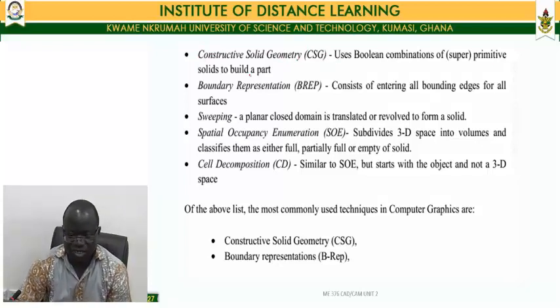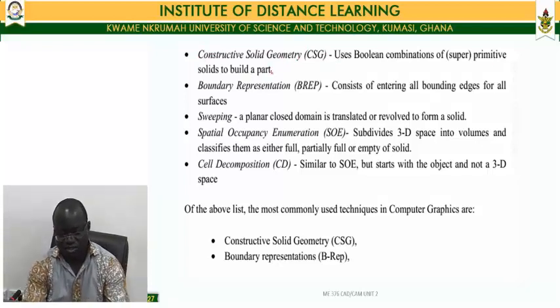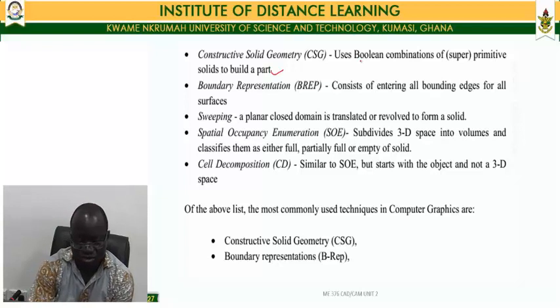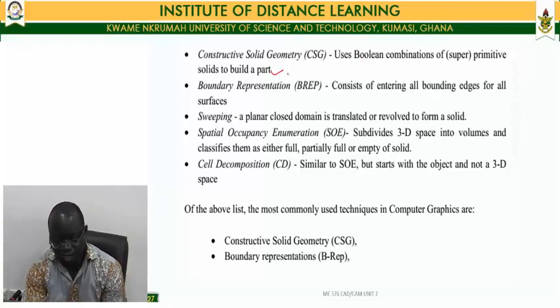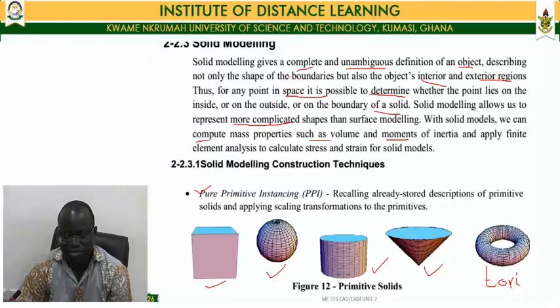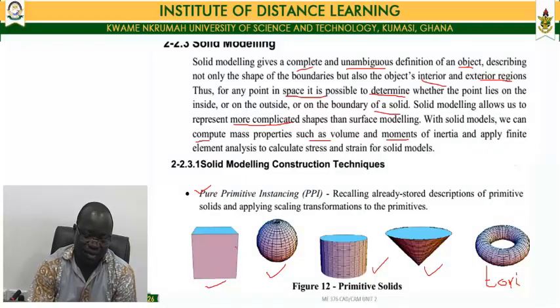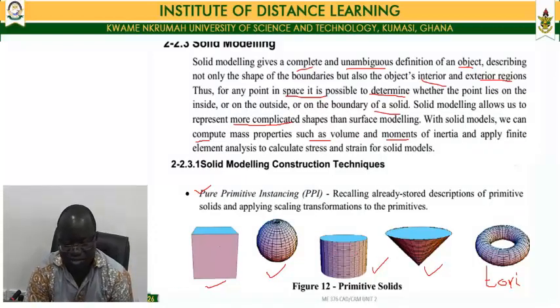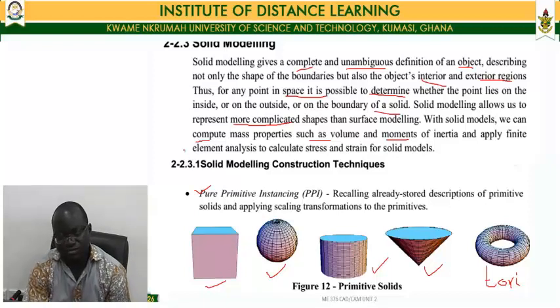So CSG will deploy some of these primitives and do a Boolean operation, that is, do a union, subtraction, or intersection to create the shape. Once it involves these Boolean operations to create the part, then we say you are doing a CSG, constructive solid geometry. We explain this further later on.